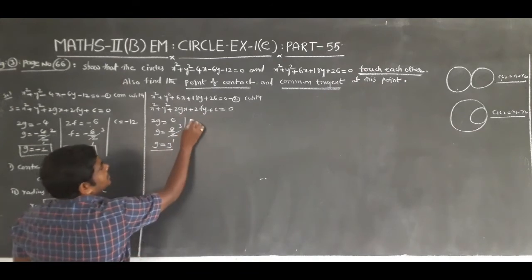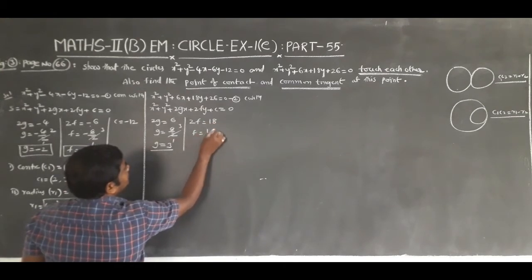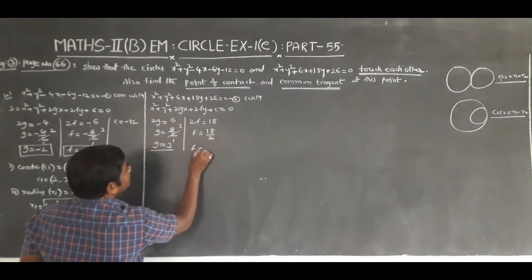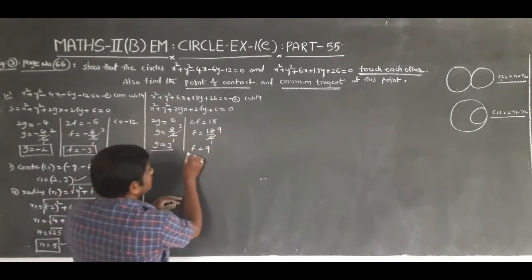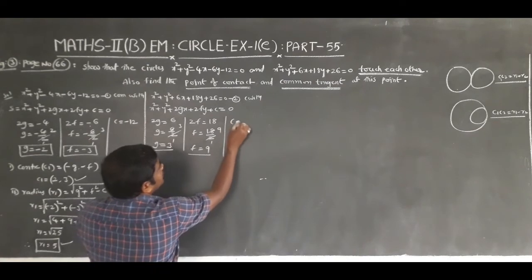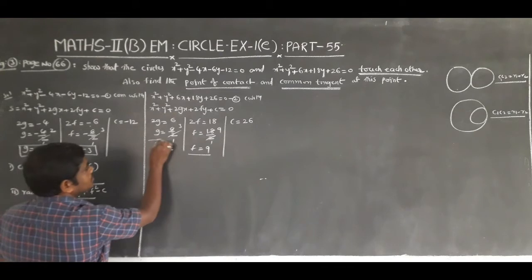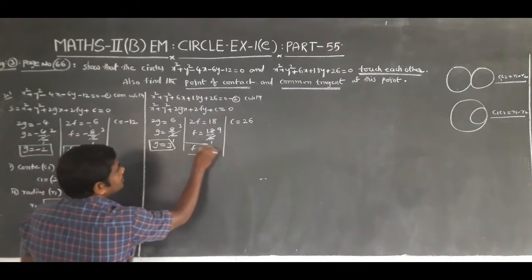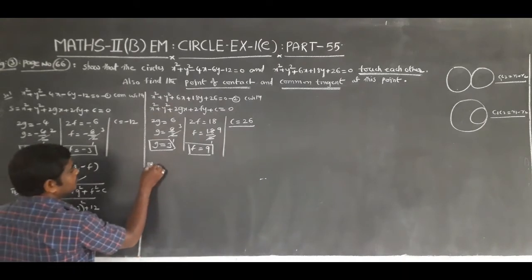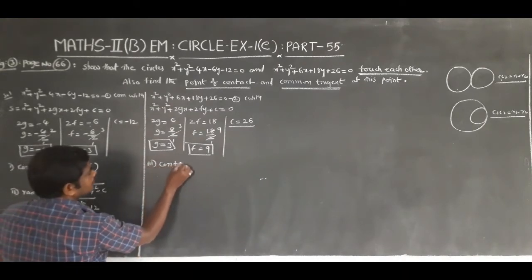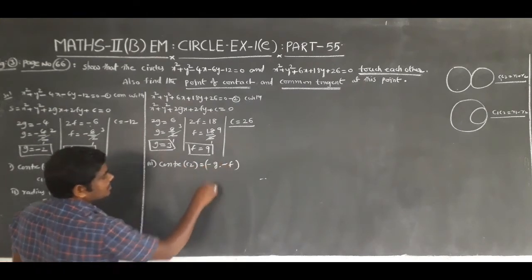Y coefficient 2f is equal to 18, f is equal to 18 by 2, f is equal to 9. Constant c is equal to 26. This is the g value, the f value, and the constant c value. Now find the center and radius of the second circle.